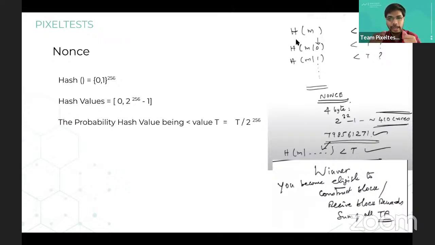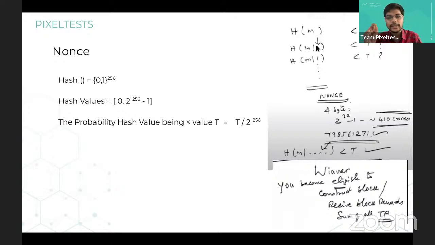Every time he makes an attempt, he is going to number that attempt. Let's say when he starts the computation, he hashes it starting from 0, so he concatenates it with 0.